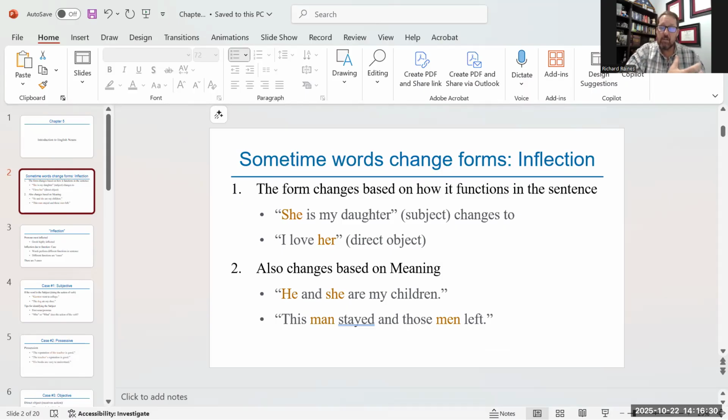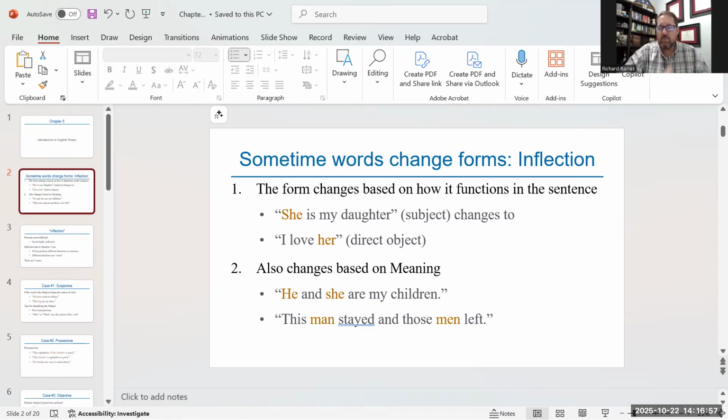So inflection can occur based on how the word functions in a sentence, but it can also change based on meaning, right? He and she are my children. If I talk about Rebecca and Hannah, or if I talk about Reese and Hannah, then instead of saying Reese and Hannah are my children, I might say he and she are my children.